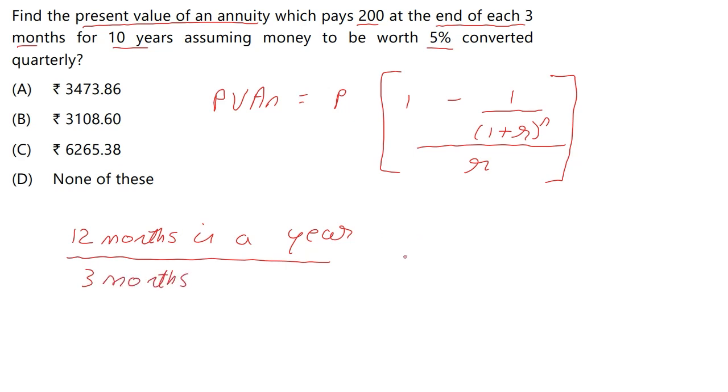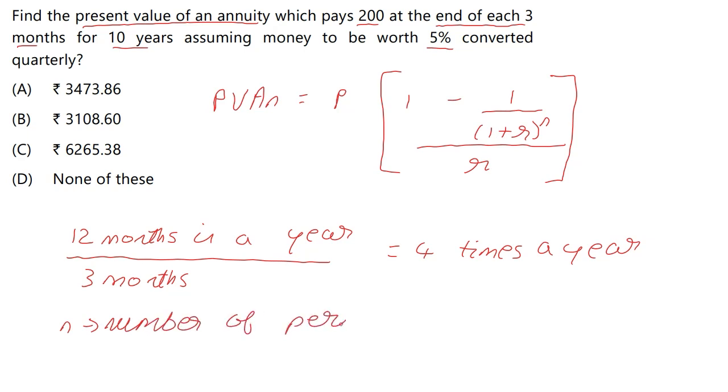If we divide, we get four times a year. So n is not necessarily the number of years. n is the number of periods.